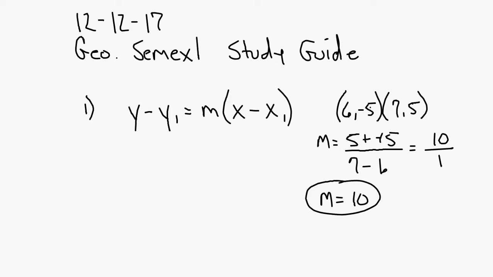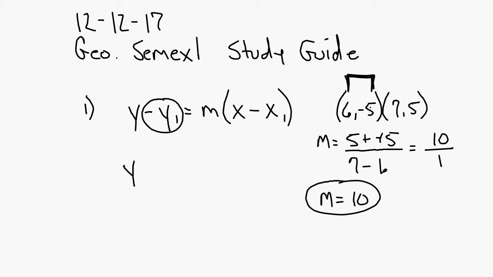They used the points (6, negative 5) and (7, 5) in all of the equations that they wrote. So when you write a line in point slope form, you write the letter y, and then this says the opposite of the y value.